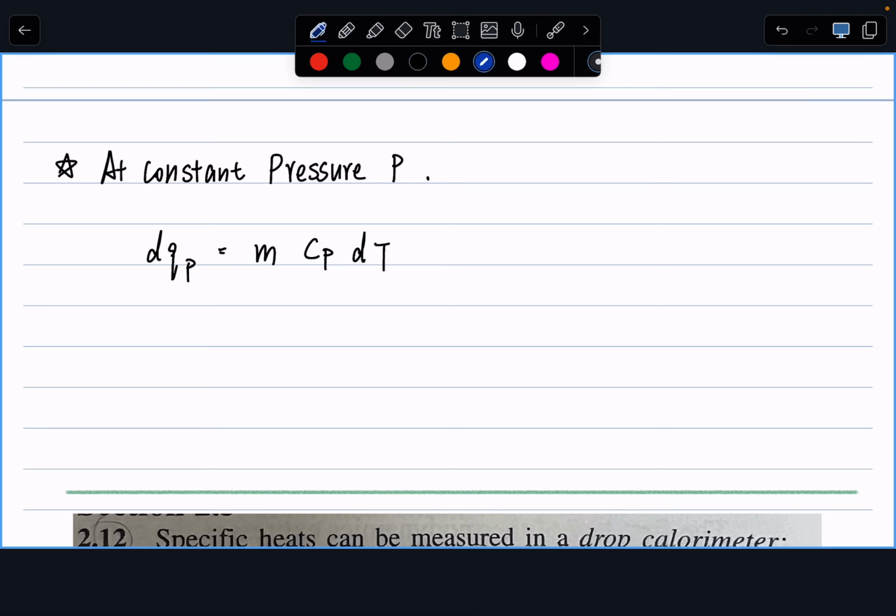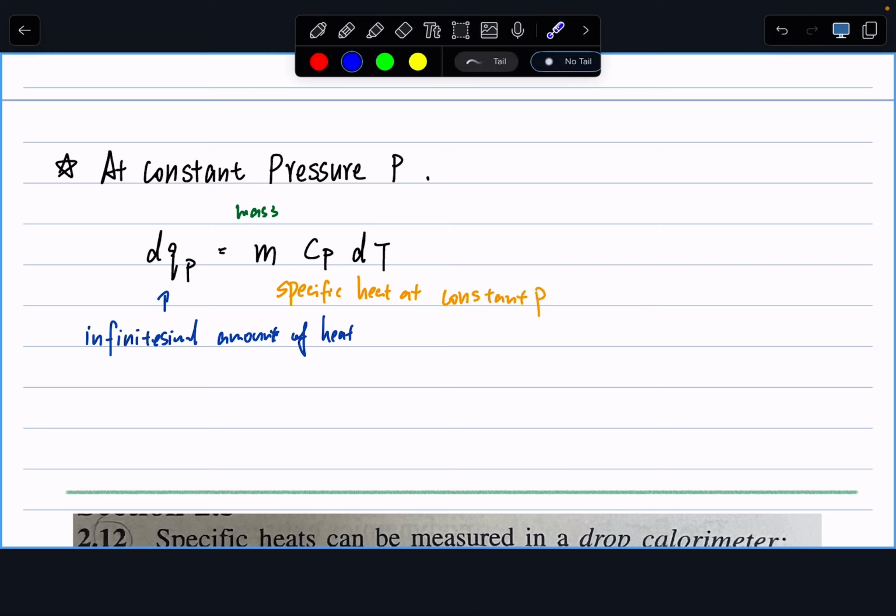In here, the first term is the infinitesimal amount of heat, m is mass, and Cp is the specific heat at constant pressure.